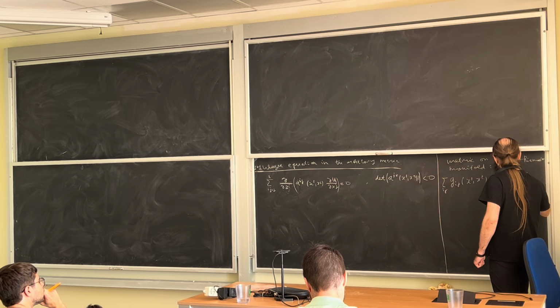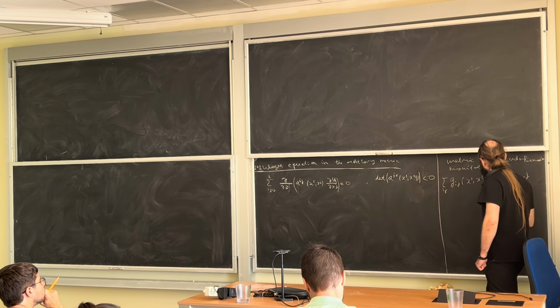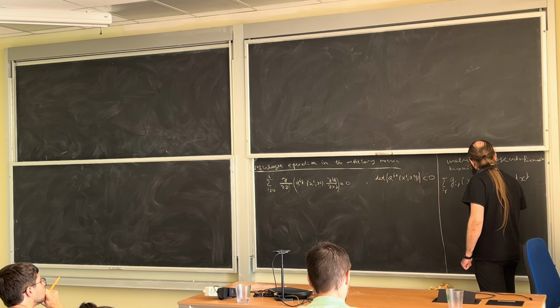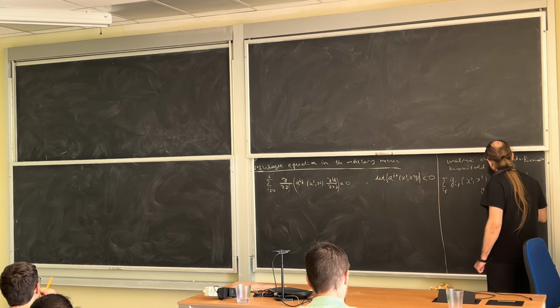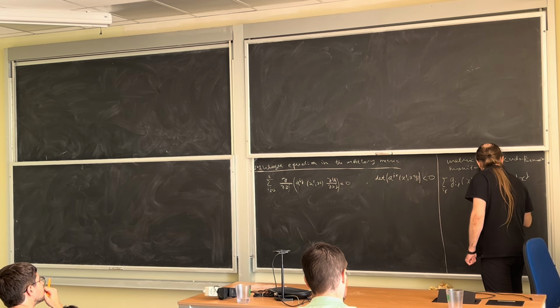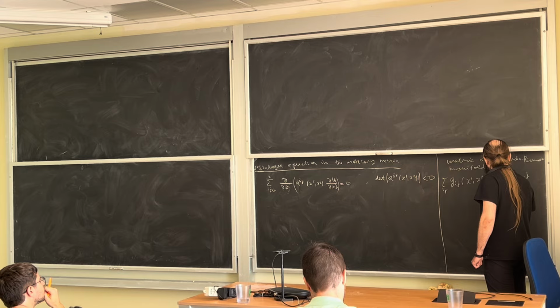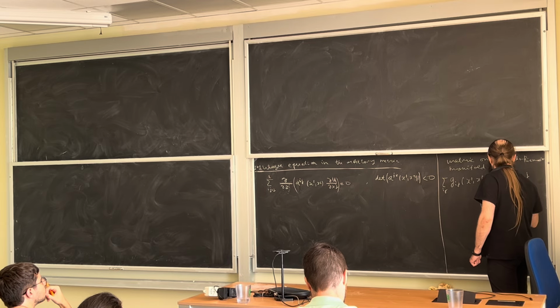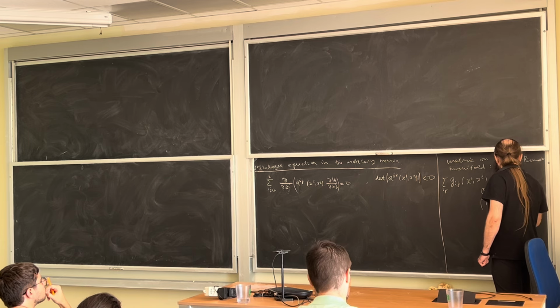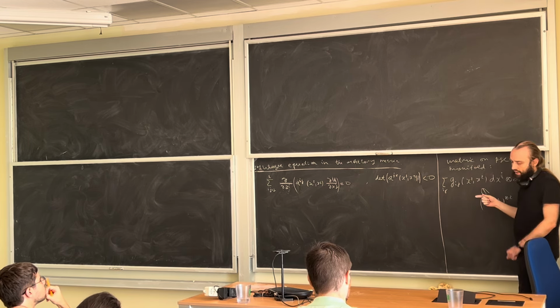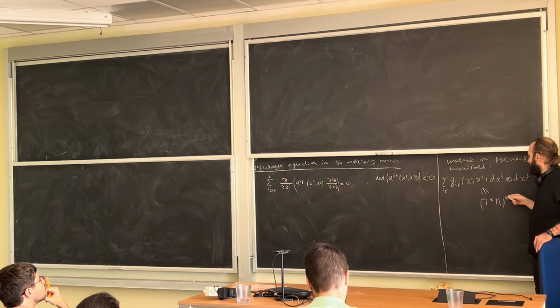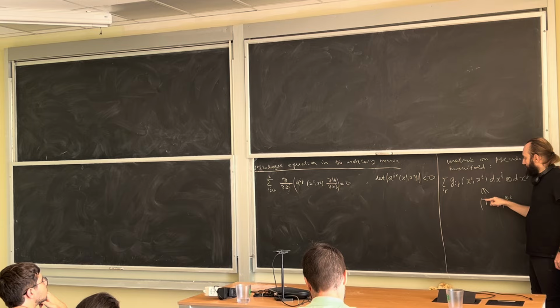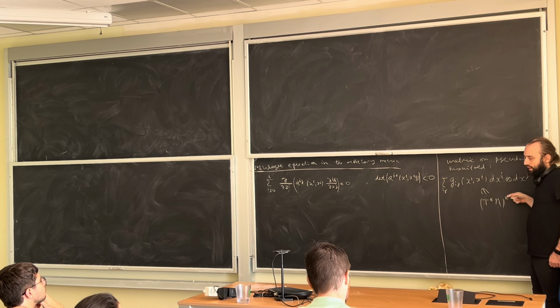So this lives in the cotangent bundle. In a sense, we take the tangent bundle, we take the dual vector space, so the dual bundle to it, and then we take its second power.